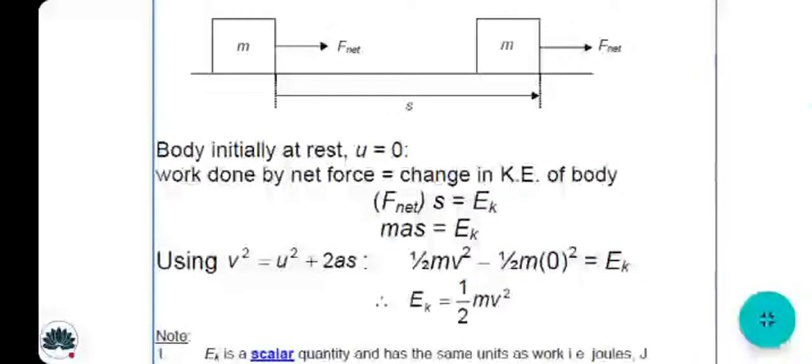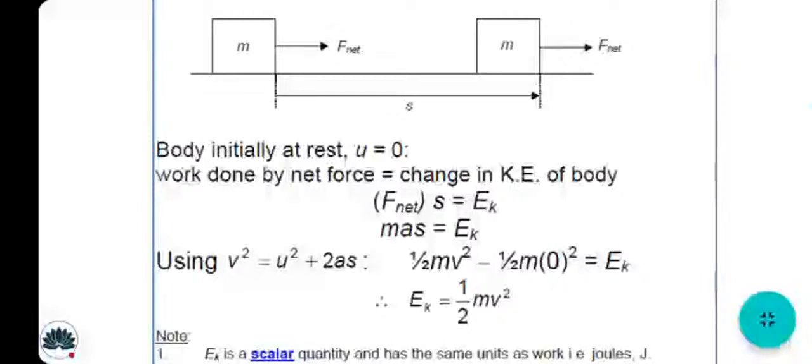The body is at rest, so the initial velocity is 0, and that term becomes 0. Only one term is left. That's the formula: kinetic energy is equal to half m v squared.